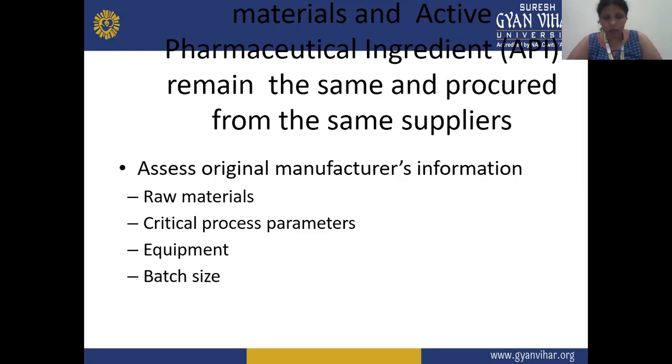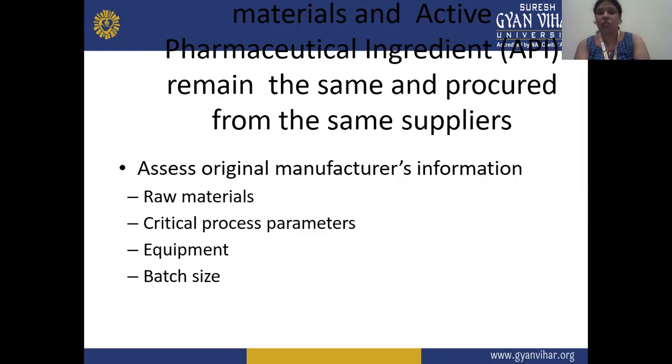So this is the information supplied from the giver side, and you are the receiver, so there are two companies, one is the giver, one is the receiver, in case of technology transfer.